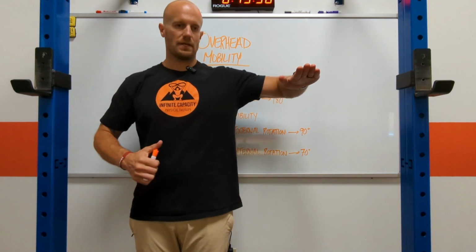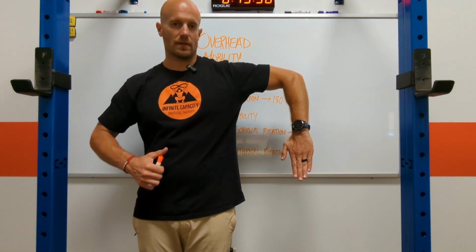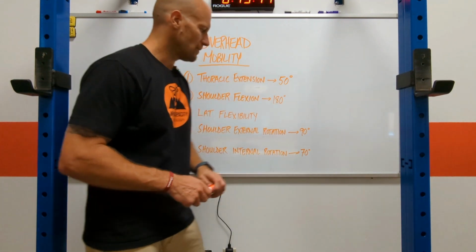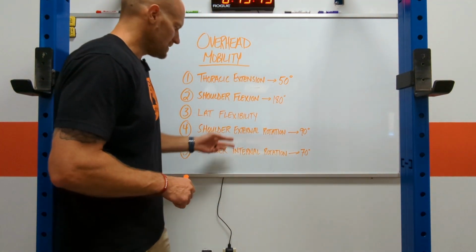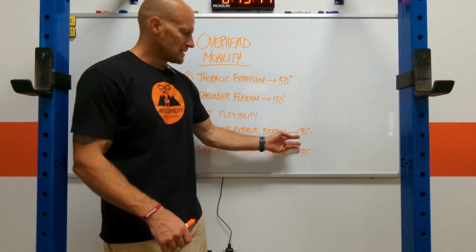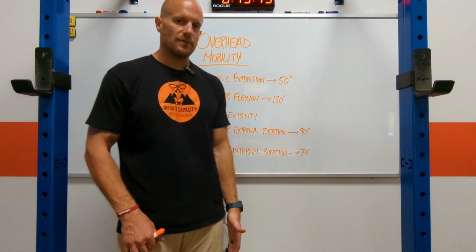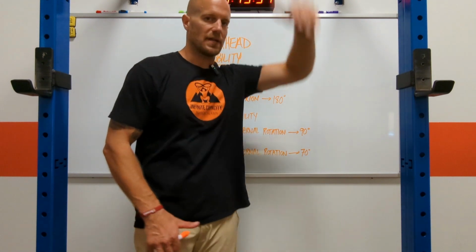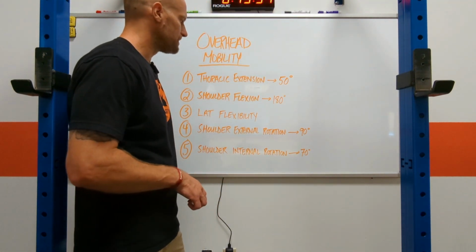So the shoulder being here and that forearm coming down towards the ground. We want about 70 degrees. And these two together are important because limitations in either of those can have an effect on how well that arm can come up overhead.